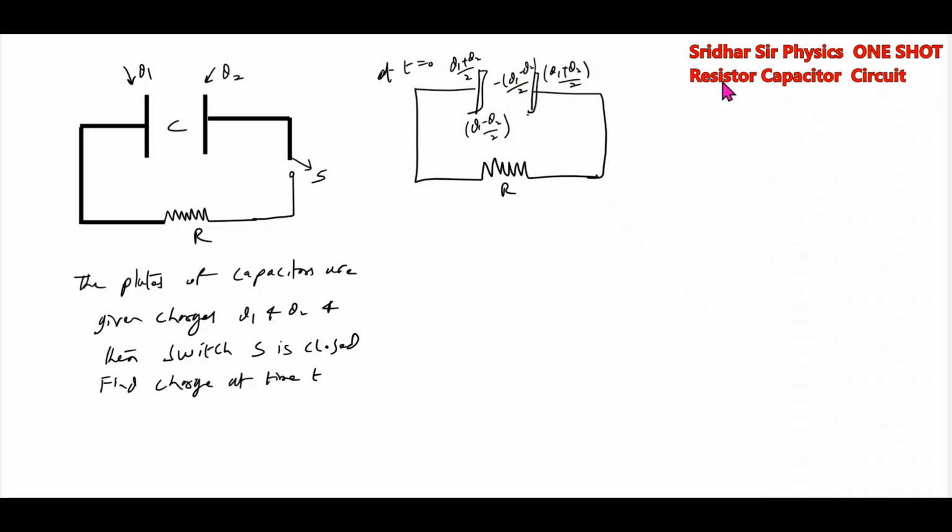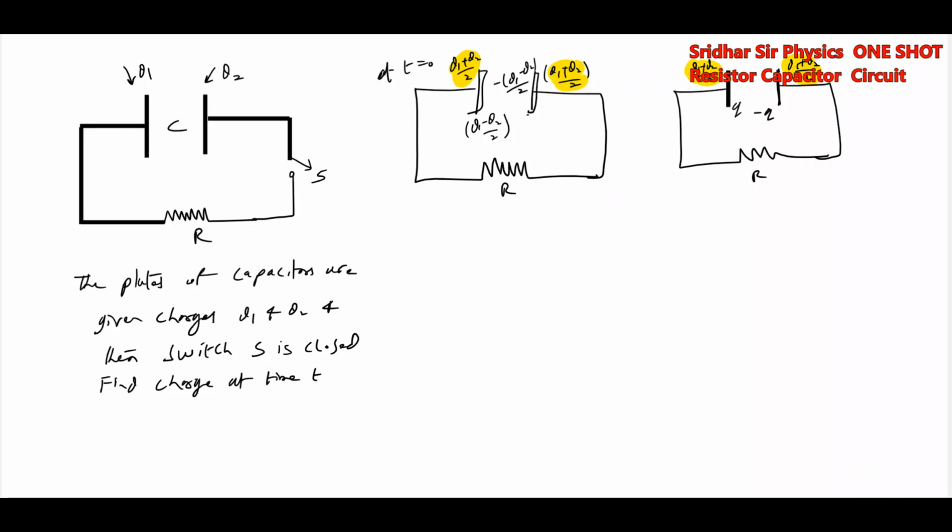When you close this switch, the charge will be this. So this charge will not get disturbed. Only this charge will change. This charge will remain as it is. This charge will not change.